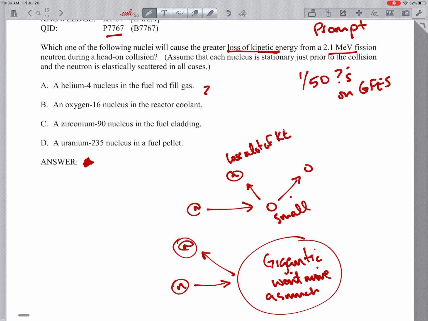Helium-4, that's pretty small. Only hydrogen's smaller. Oxygen-16, that's 8 oxygen 16, so it's got 16 protons and neutrons.